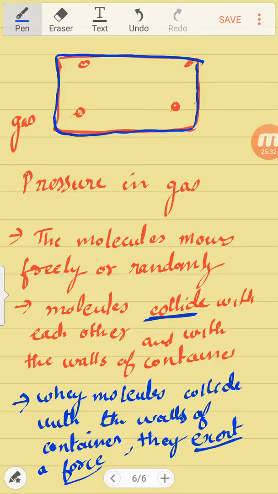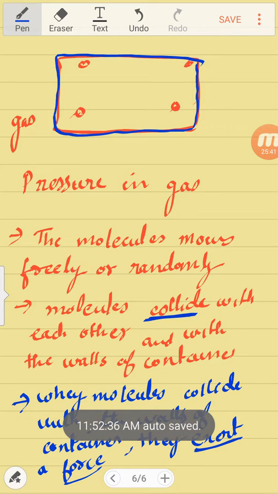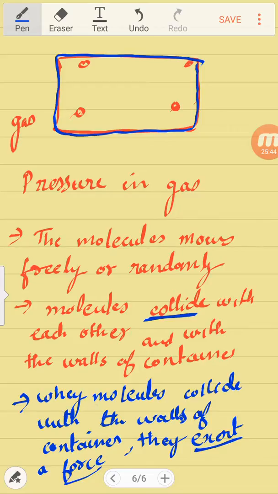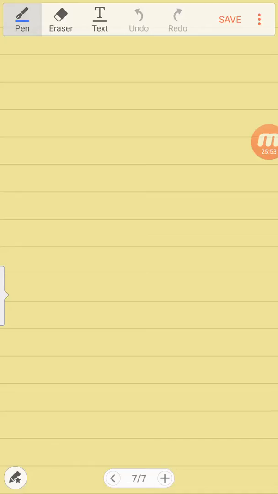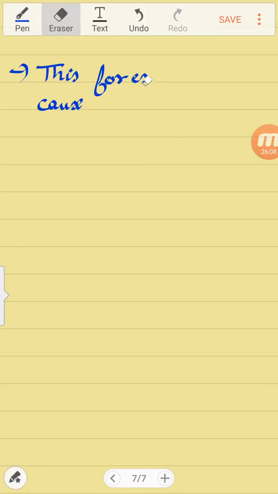The molecules move freely or randomly. Molecules collide with each other, first with each other and then with the wall of the container. When molecules collide with the wall of the container, they exert what? A force. And this force causes the pressure.